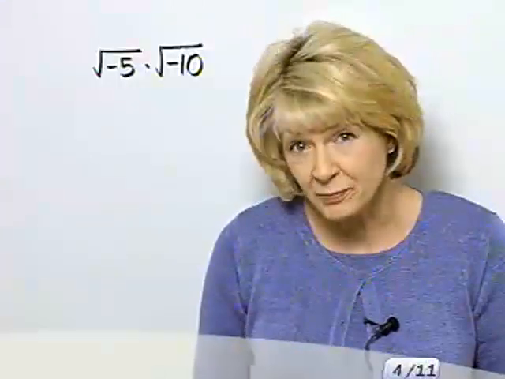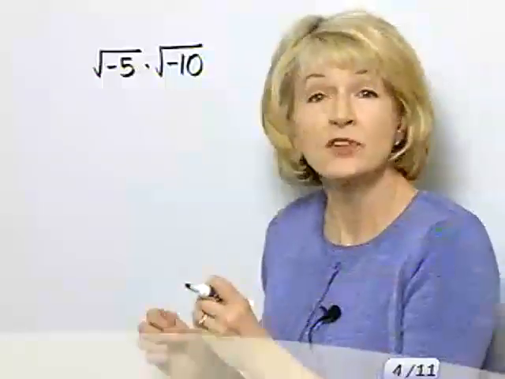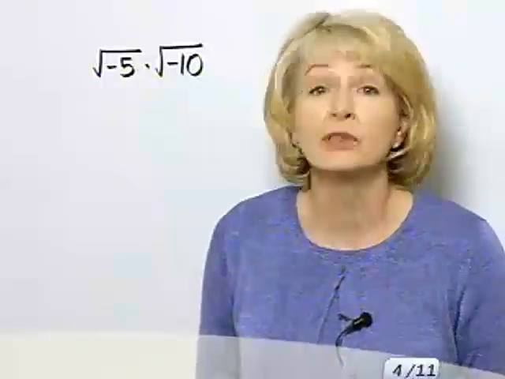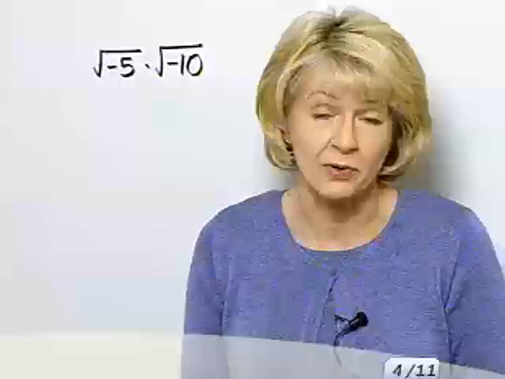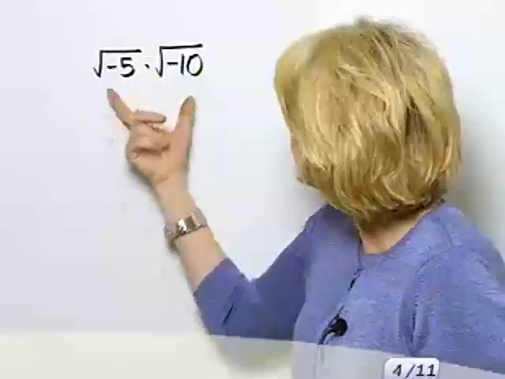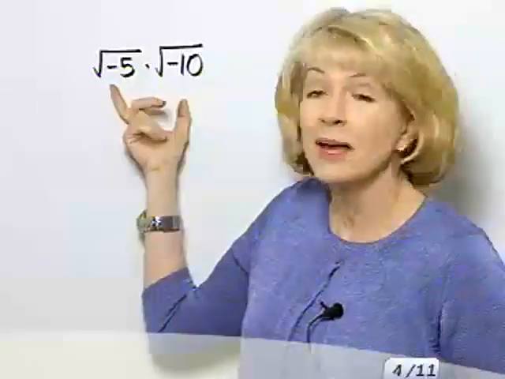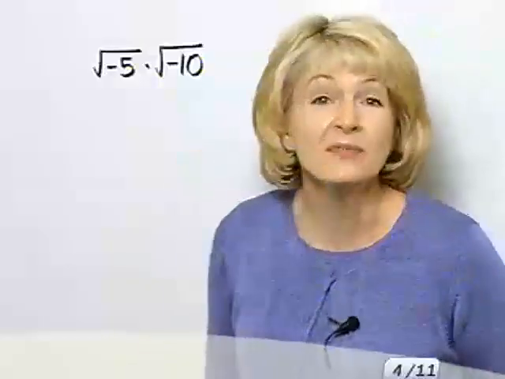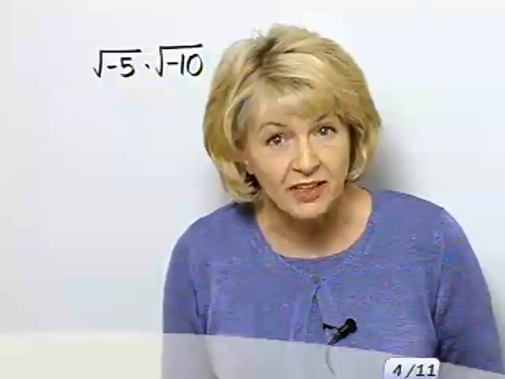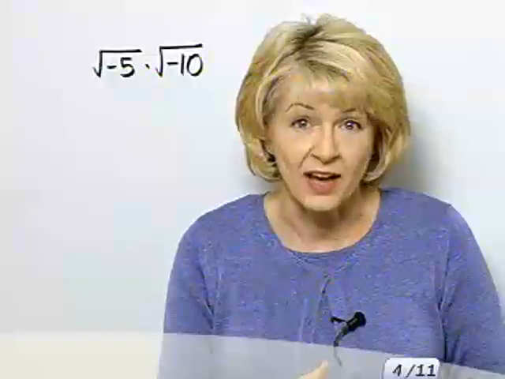Let's continue simplifying, but I want you to be aware that the product rule does not always work for imaginary numbers, an imaginary unit. For example, the square root of negative 5 times the square root of negative 10, we need to simplify each of these radicals separately before multiplying.